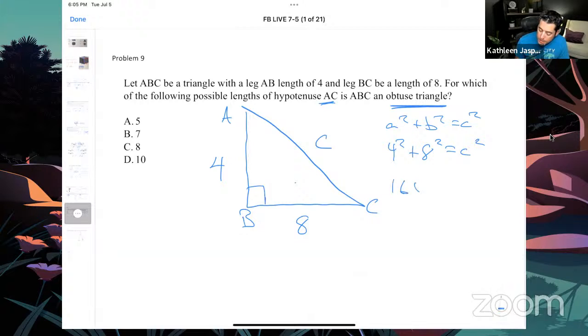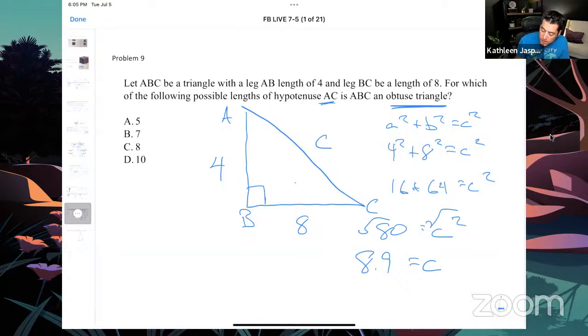So I've got 16 plus 64 equals c squared. Add them up, I've got 80 equals c squared. Square root, and it's just below 9. The square root of 80 is about 8.9, equals c.